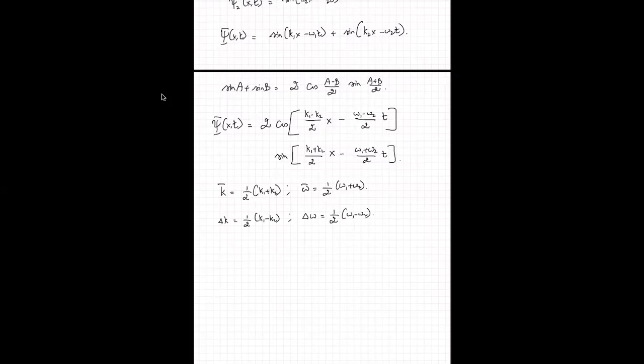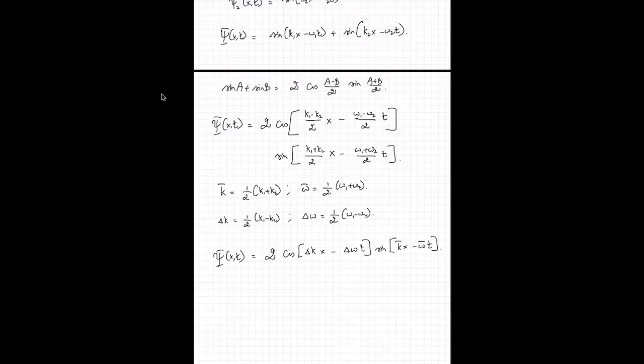With the 1/2 carried, I can write psi a little easier. So psi of x comma t would simply be 2 cosine of (delta k x minus delta omega t) times sine of (k bar x minus omega bar t).